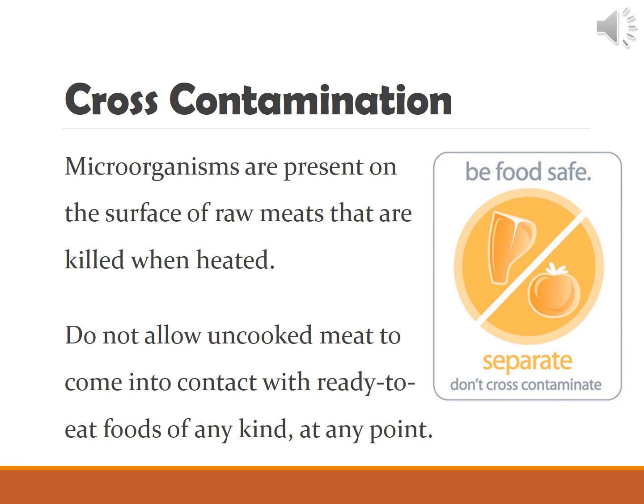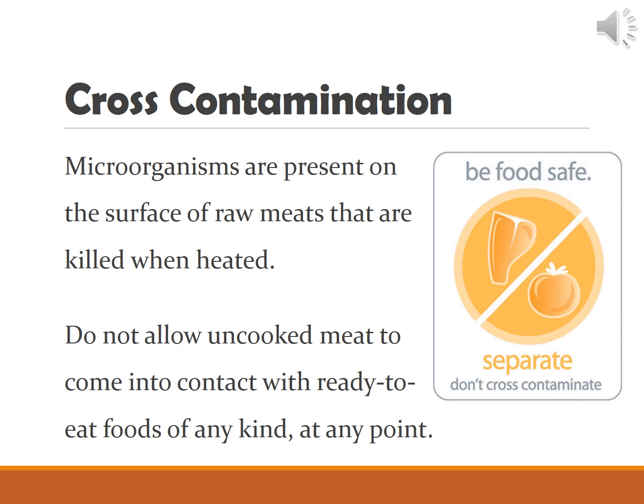The last food safety concept that we're going to talk about is cross-contamination. And this is something that we need to prevent when handling meats specifically. So there's a lot of very dangerous microorganisms present on the surface of raw meats that are going to be killed when they're heated.